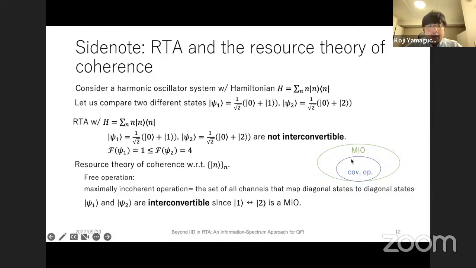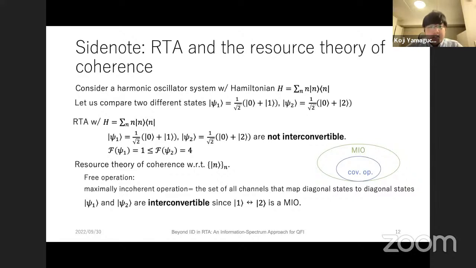And in the resource theory of asymmetry with this Hamiltonian, these two states are not interconvertible. This is because these two states have different quantum Fisher information. And as I have mentioned, the quantum Fisher information is a resource measure in the resource theory of asymmetry. So if these two have different quantum Fisher information, then they are not interconvertible.